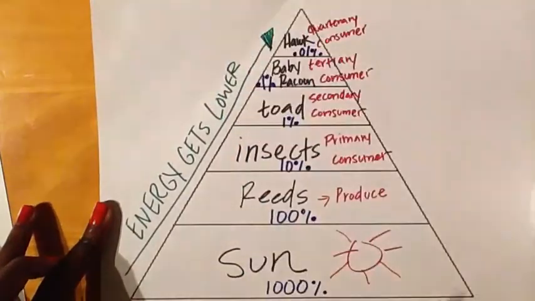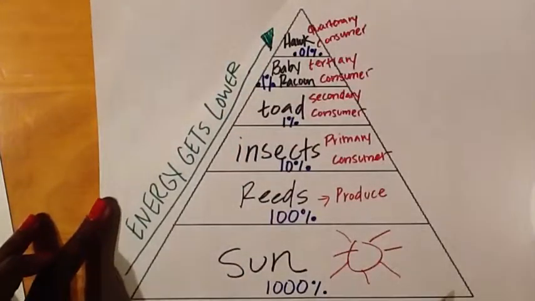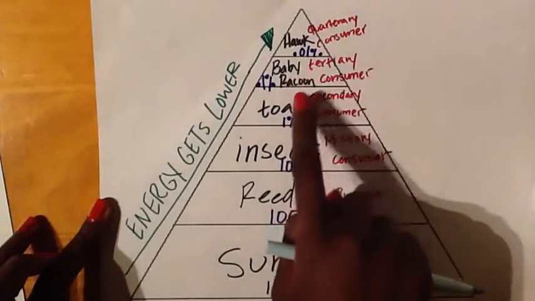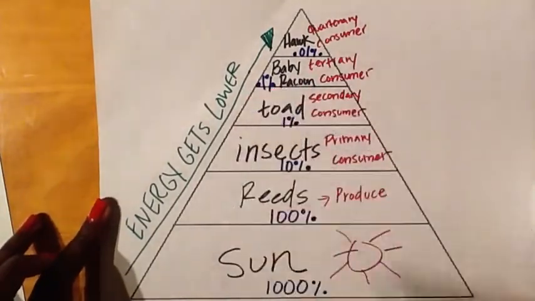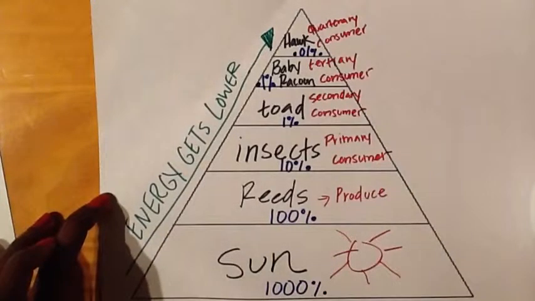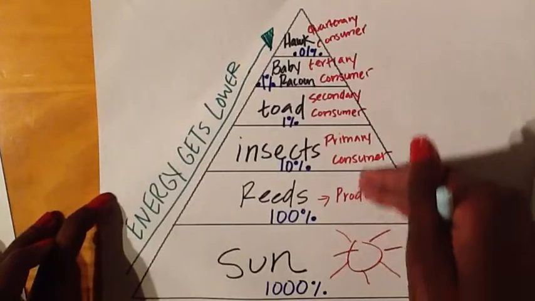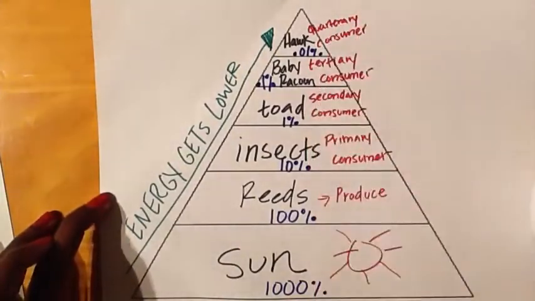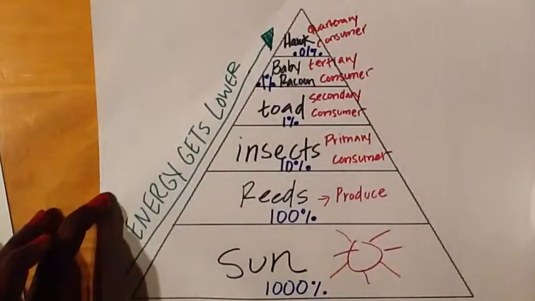Right? If we started off with 1,000, we're only ending up with 0.1 in our baby raccoon and only 0.01 in our hawk. So the higher that we get up on the food chain, the lower amount of energy that's being transferred.